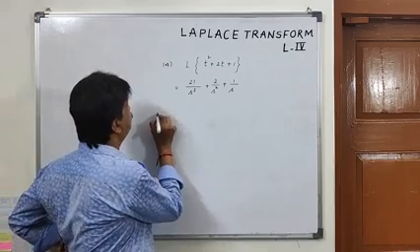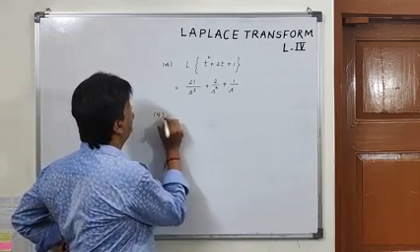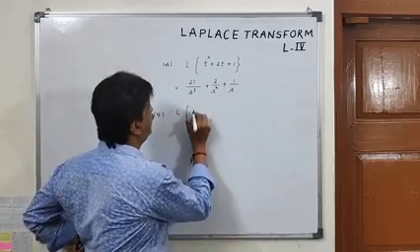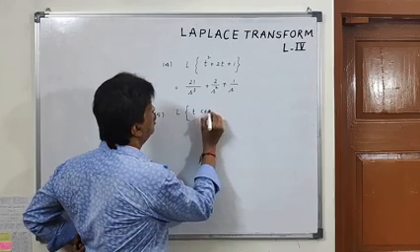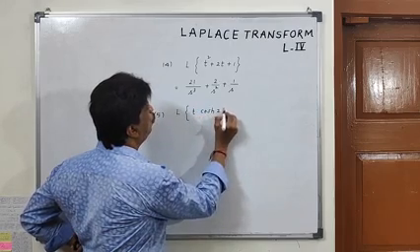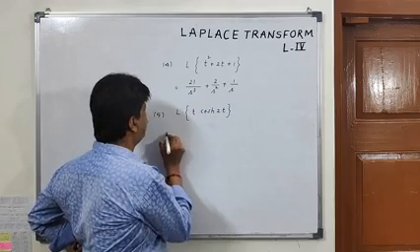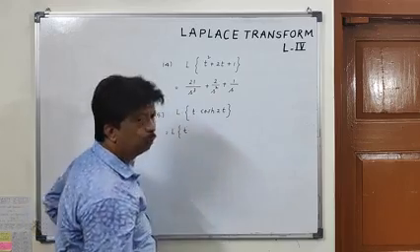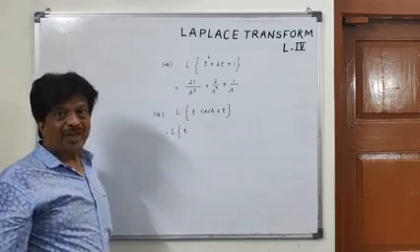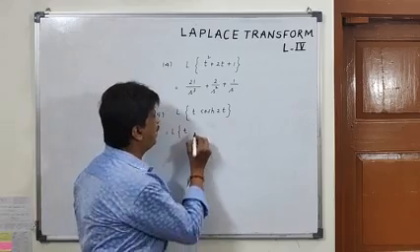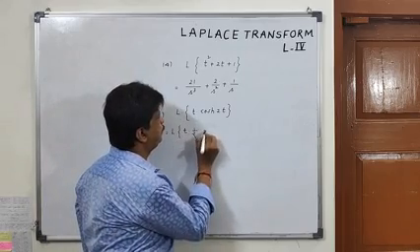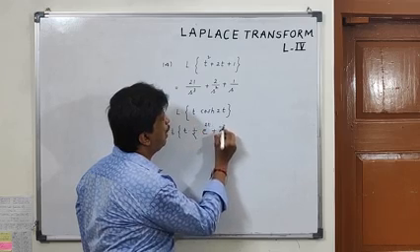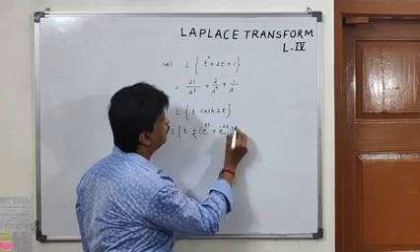Next, obtain the Laplace transform of t into cos h of 2t. cos h 2t is 1 by 2 times e raised to power 2t plus e raised to power minus 2t.